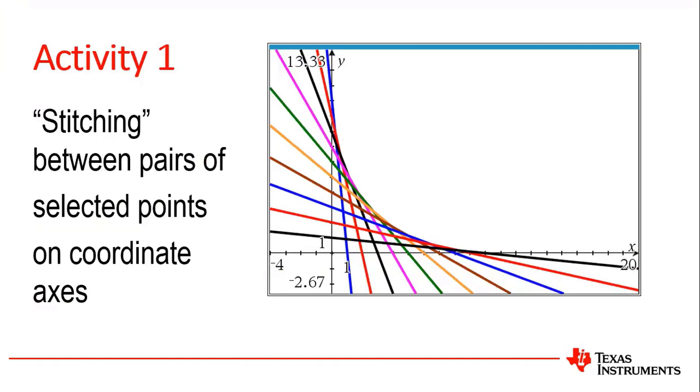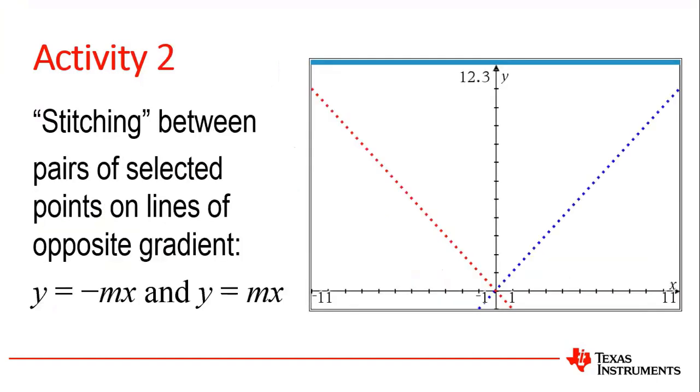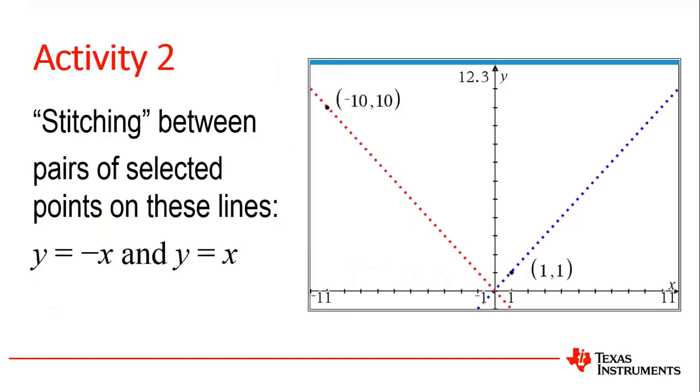In activity 2, the guiding lines, if you will, changed. They were the x and y axes. They then became the lines with opposite gradients, and throughout most of activity 2, you were looking at the lines y equals negative x and y equals positive x.